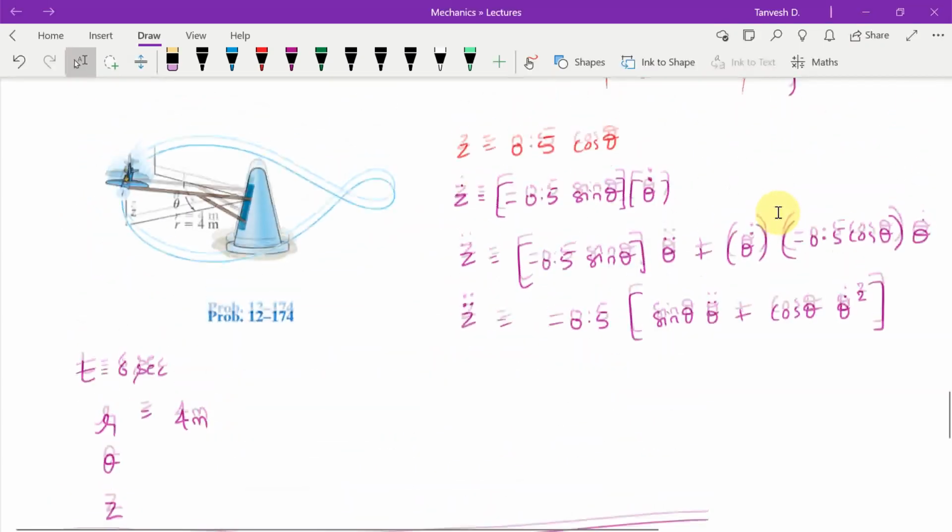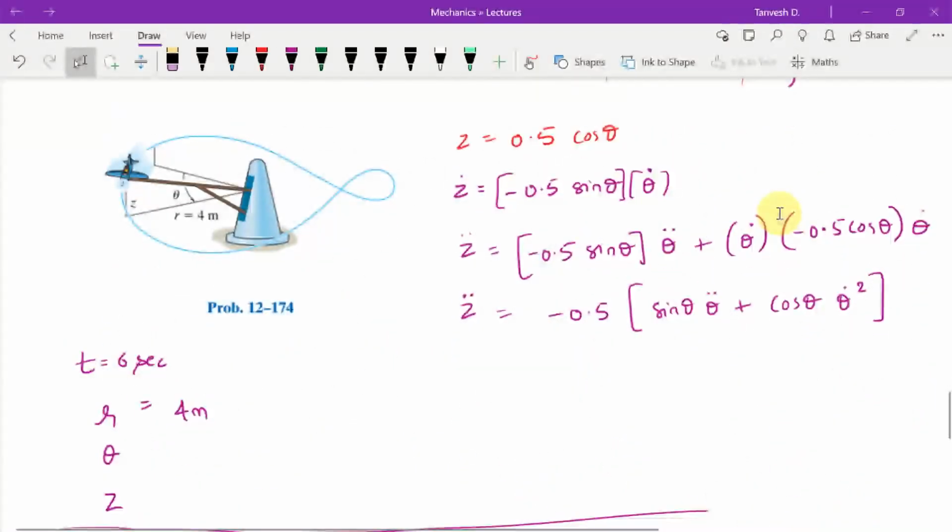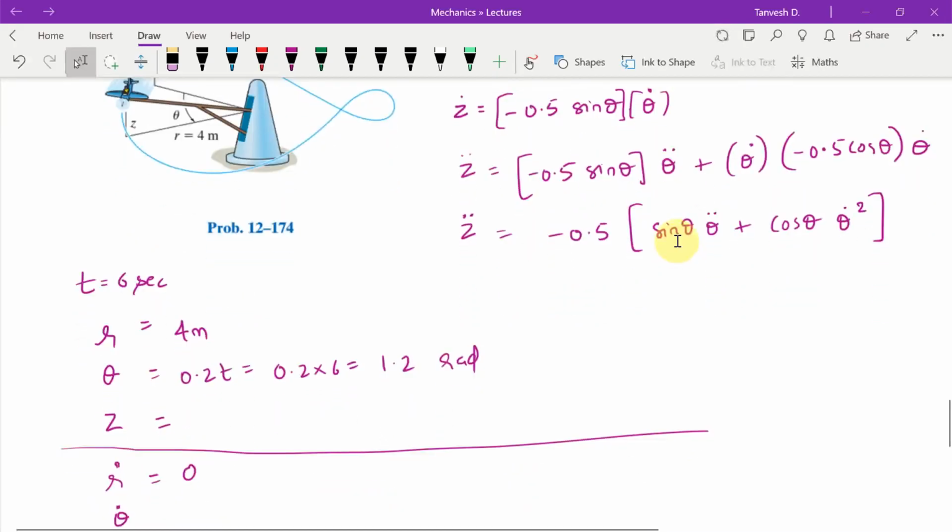Theta is 0.2 t, which is 0.2 into 6, which is 1.2 radians. Z is 0.5 cos theta, so it is 0.5 into cos of 1.2 radians. This is 1.2 radians, not degrees, so it has to be calculated properly.